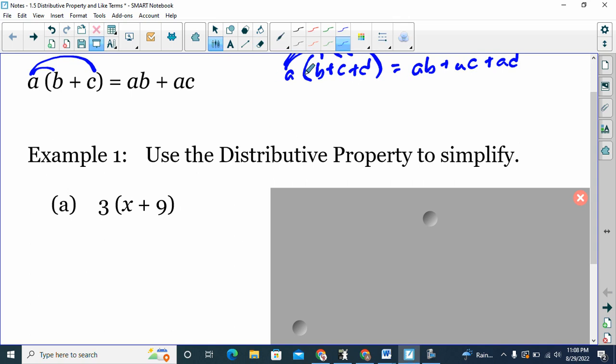To use the distributive property, we take the number that's out front, in this case 3, and we multiply it by the first one. 3 times x, we can just write that as 3x. Then we multiply the number out front by the next one. That's 3 times positive 9. 3 times 9 is 27. That's a positive 27, so plus 27.